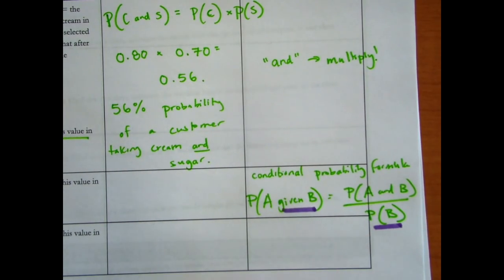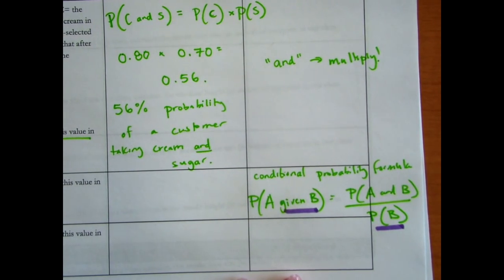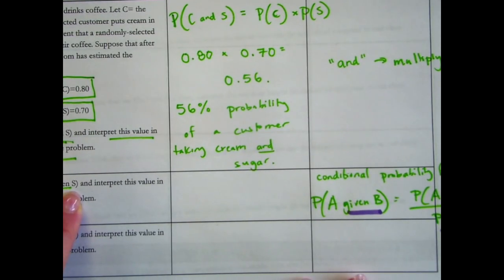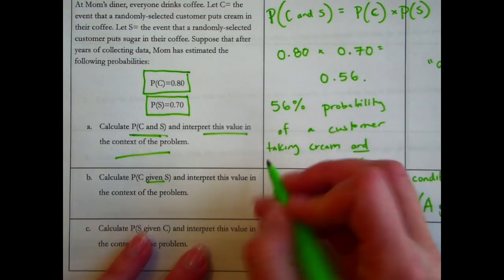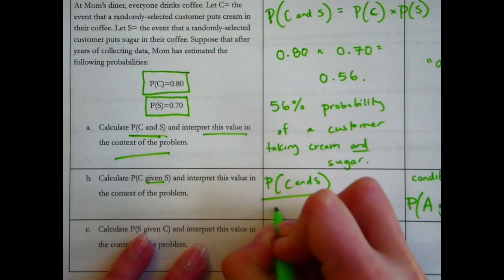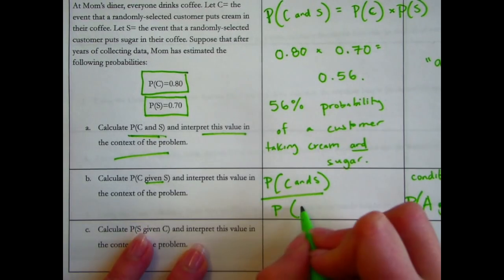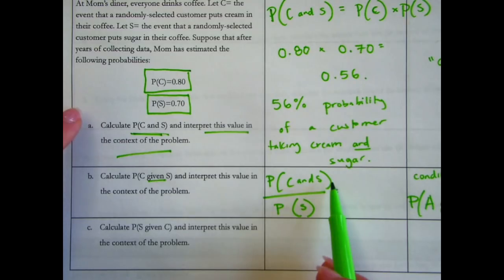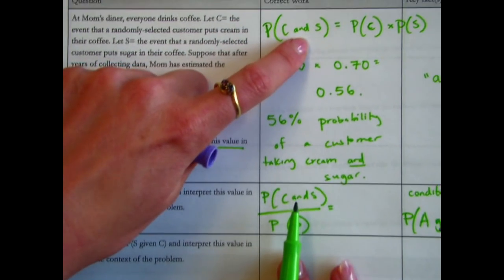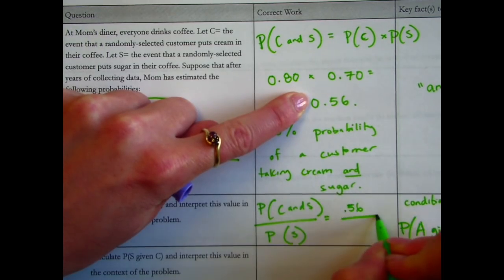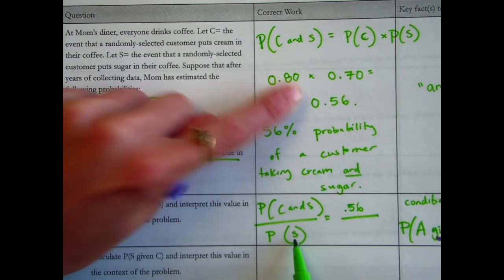So the probability of C given S, in this case, is going to be equal to the probability of C and S divided by the probability of S. So I'm just going to plug in the values, the probability of C and S. I just calculated that in the problem above. It's 0.56. And then the probability of S was given to me in the problem, 0.70. So I just have to find that information and plug it into the formula.